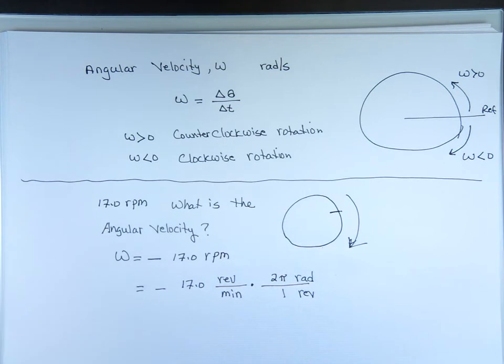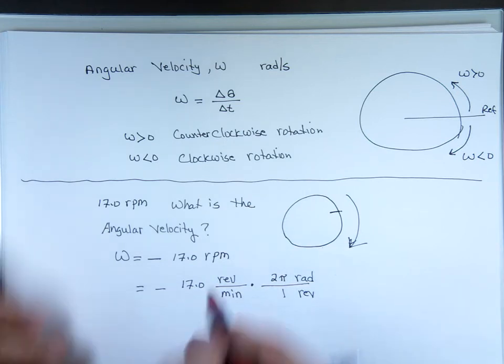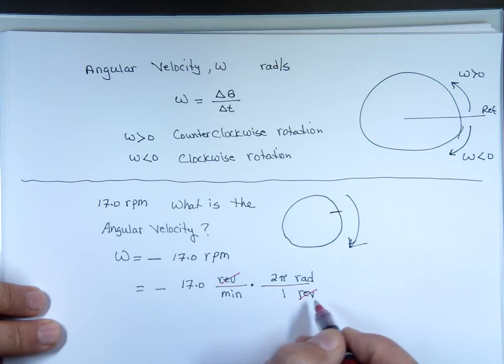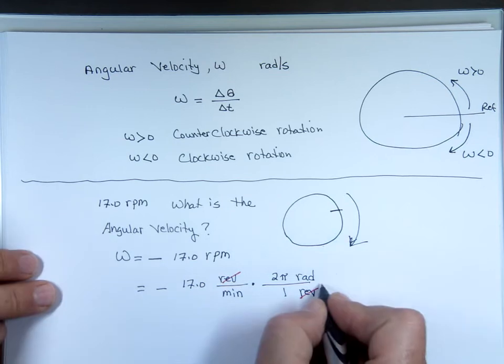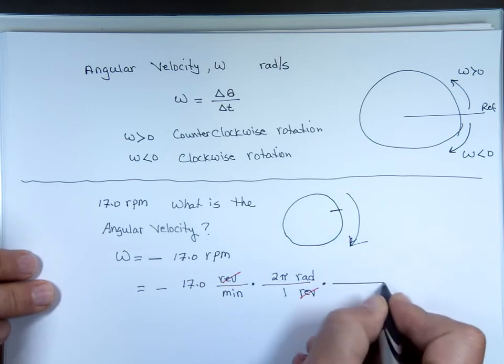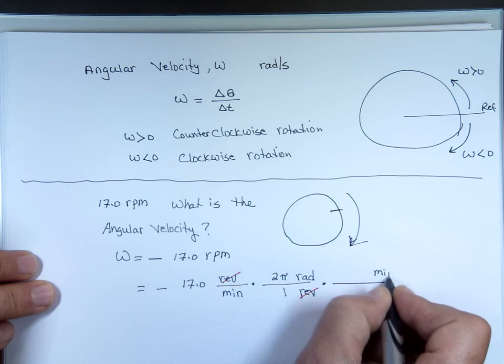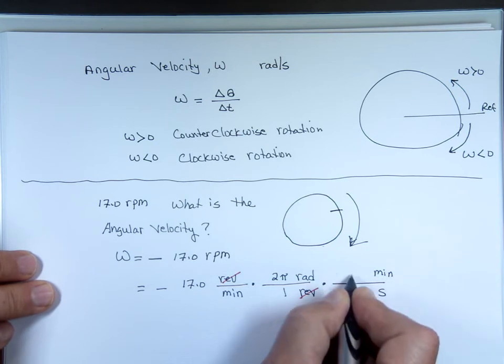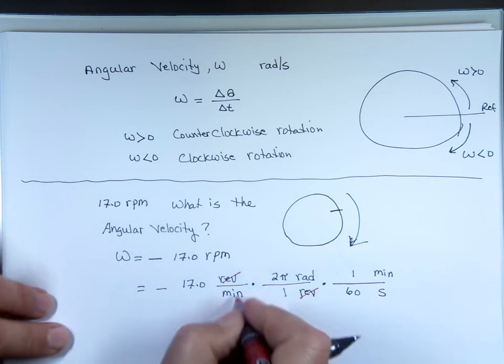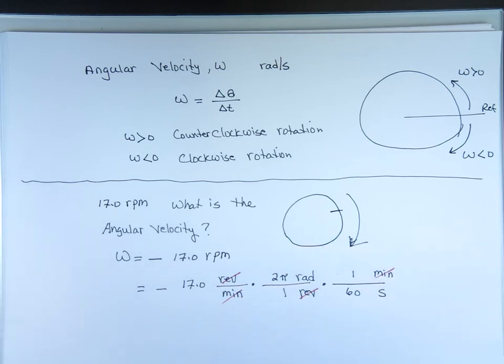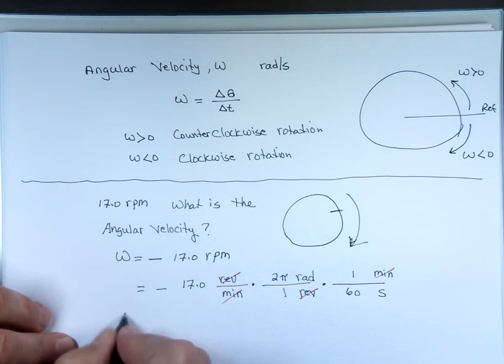Notice now the revs are gone. Mathematically, they cancel each other out. What do you have? You have radian per minute. Minutes is on the bottom, so you want to cancel minutes from the bottom. You put minutes on the top, seconds on the bottom. One minute has how many seconds? 60. So what is the angular velocity?